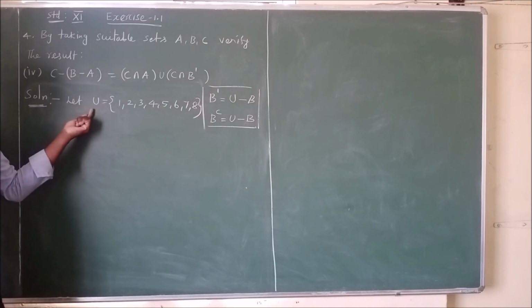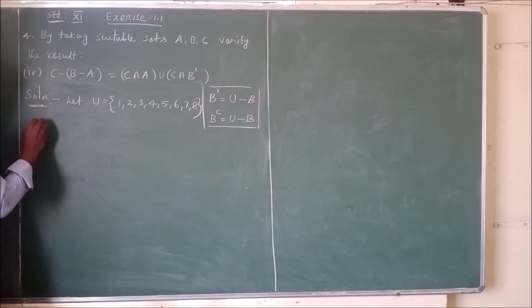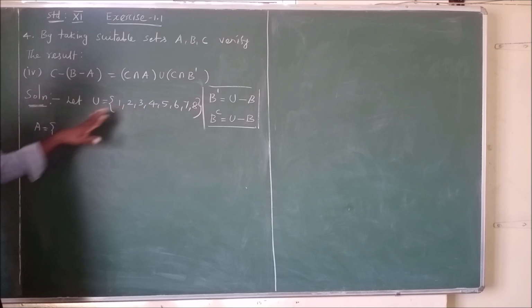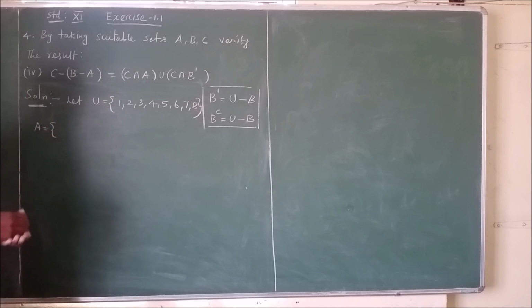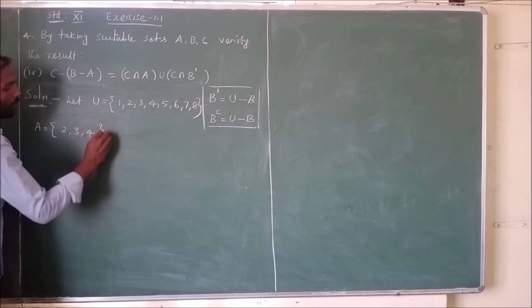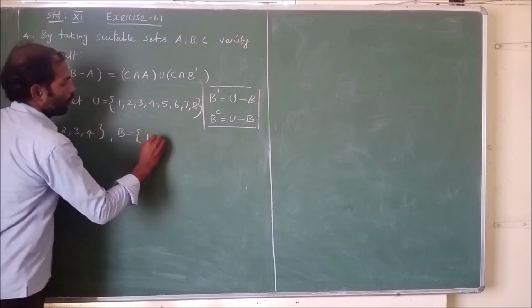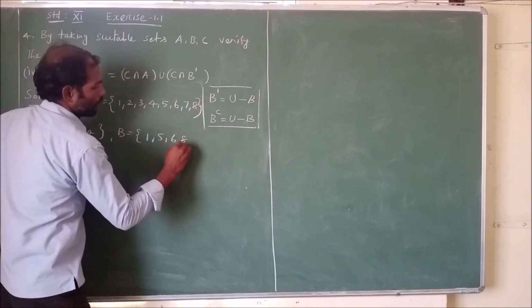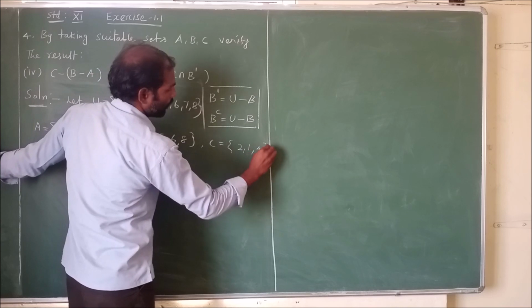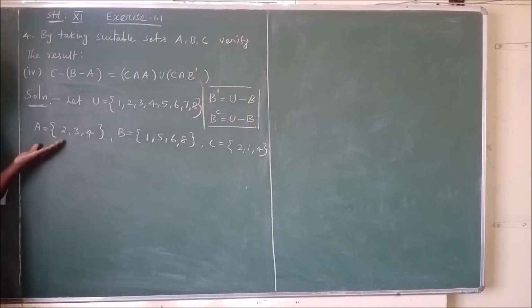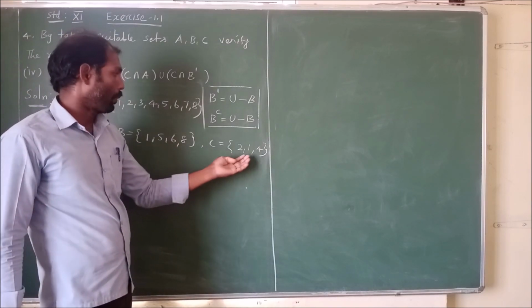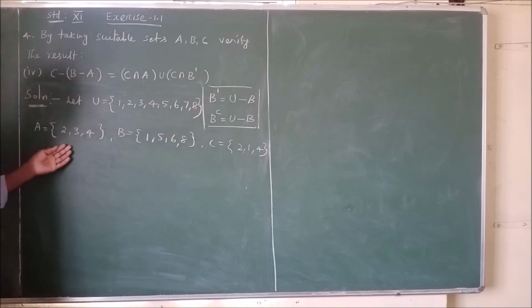Let A, B, C both be subsets of U. So A is {2, 3, 4}, B is {1, 5, 6, 8}, and C is {2, 1, 4}. All the sets are subsets of U.